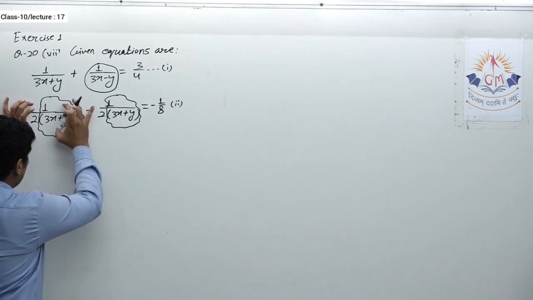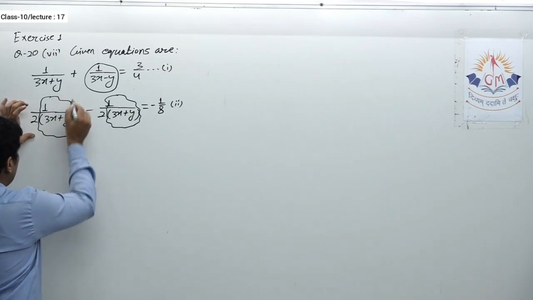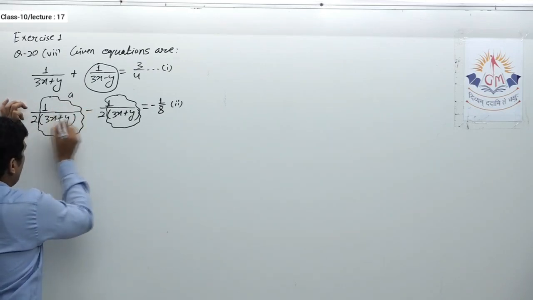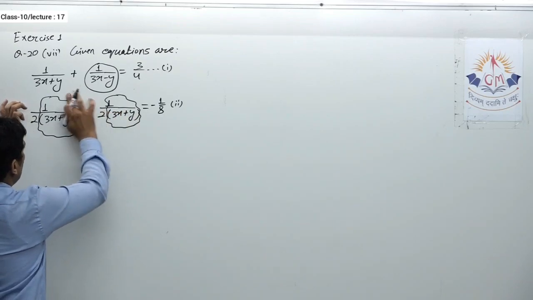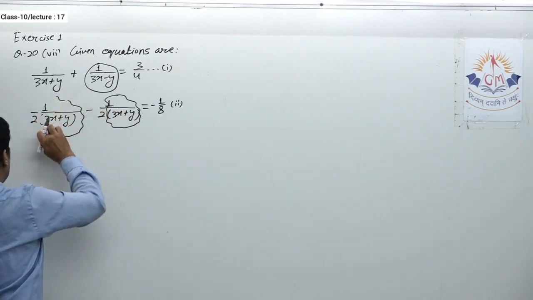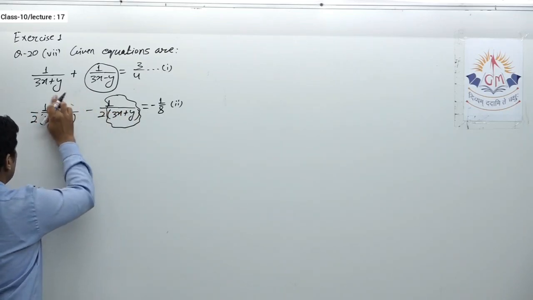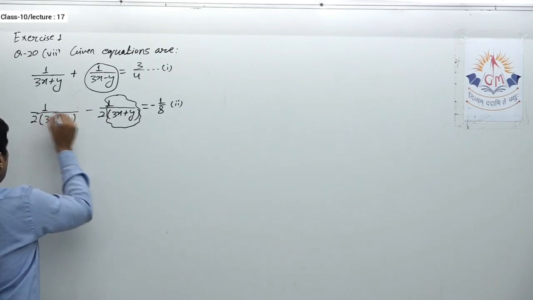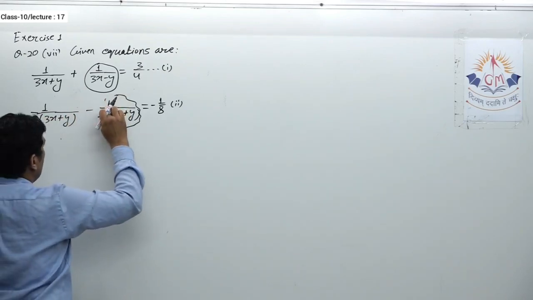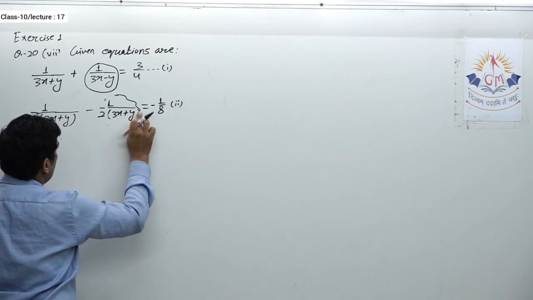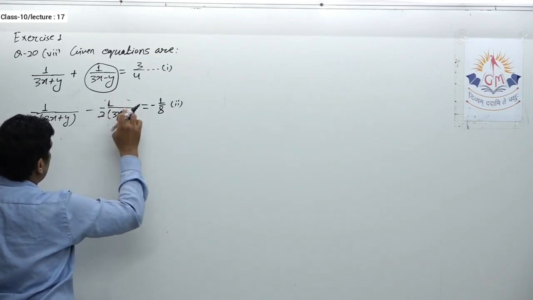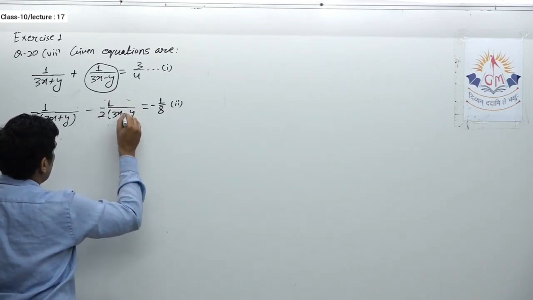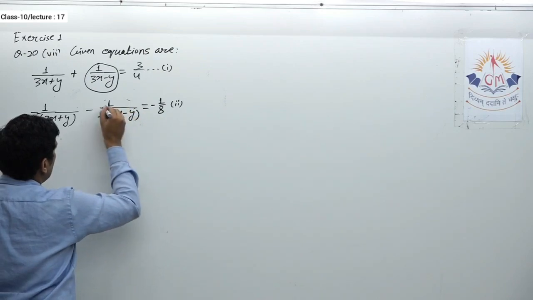If I put this complete quantity as a, this will become a by 2 and this will become b by 2. So the very first step is substitution. We have to take 1 upon 3x plus y as a and 1 upon 3x minus y as b.